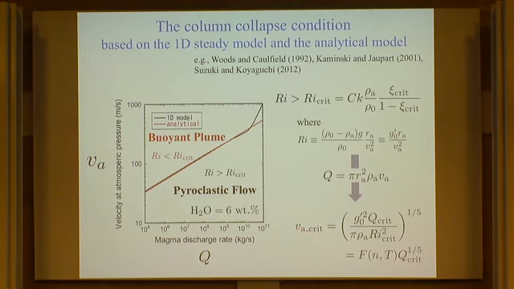And this line is based on this very simple relationship. And this black curve is based on a 1D model, a numerical calculation. They are very consistent with each other.